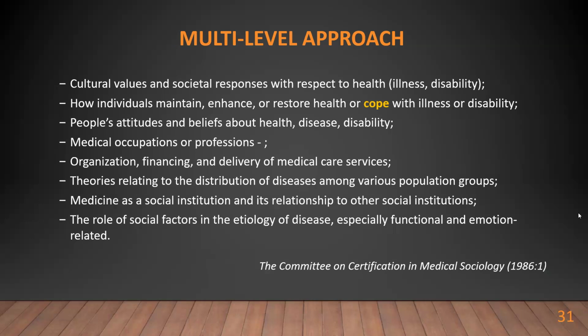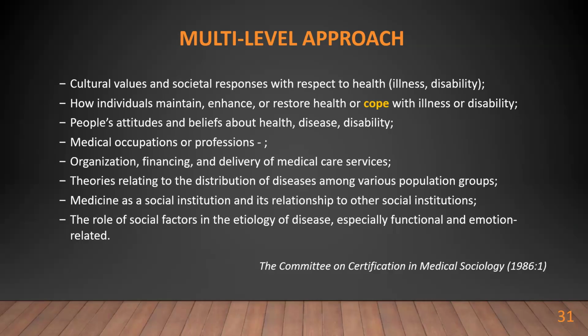In that context, there's this multi-level approach that takes into account cultural values and social responses: how individuals maintain, enhance, and restore health or cope with illness and disability, people's attitudes and beliefs about mental health and disease, and medical occupations and professions such as nurses and doctors, which is somewhat missing from the slide, along with other staff, perhaps lawyers these days, hospital managers.